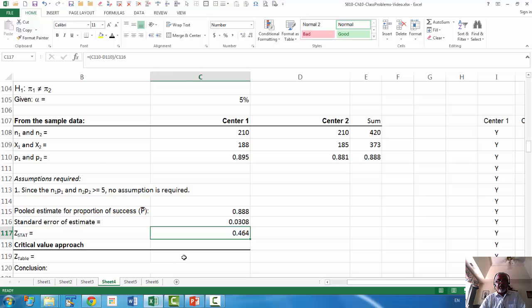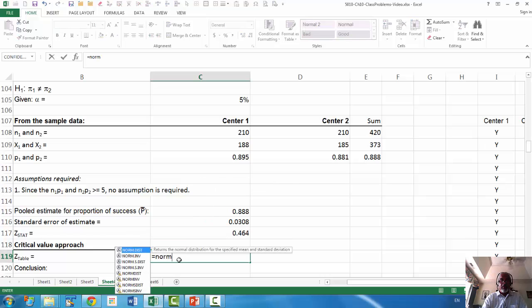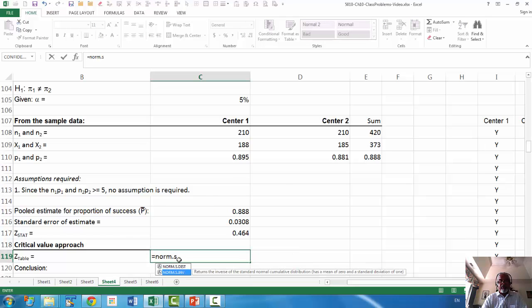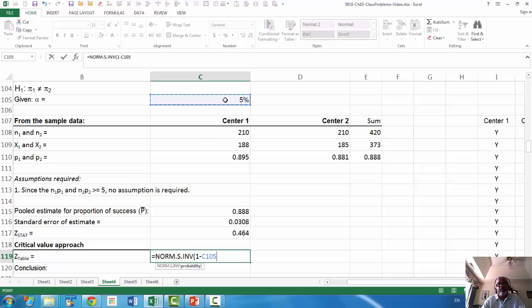Okay. Critical value approach, so we use the z table value, which must be norm dot s dot inv. Here we need the cumulative probability of the upper tail, so it will be 1 minus the upper tail area, which will be alpha over 2.